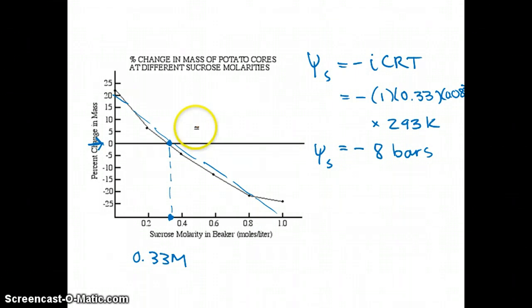Excellent. Very nice. So do you see how you can use that graph and that information to figure out the solute potential of a cell that is in dynamic equilibrium? You can figure out the solute potential inside of the cell. That becomes really important. I also want you to think about what this graph represents.